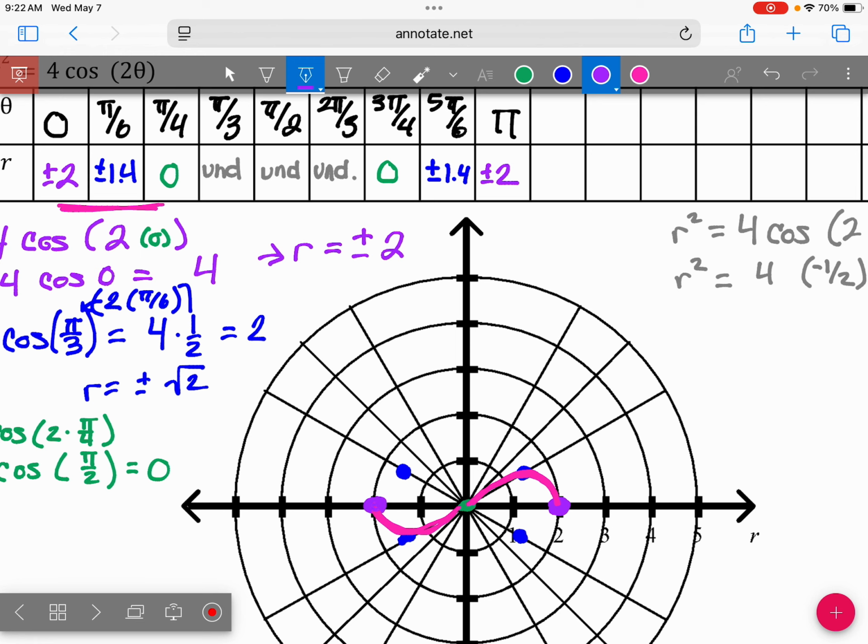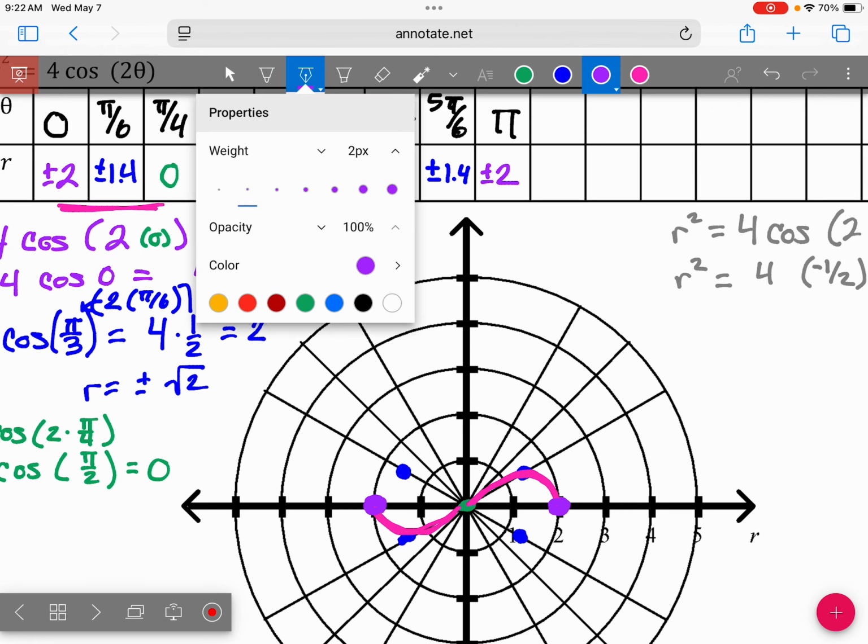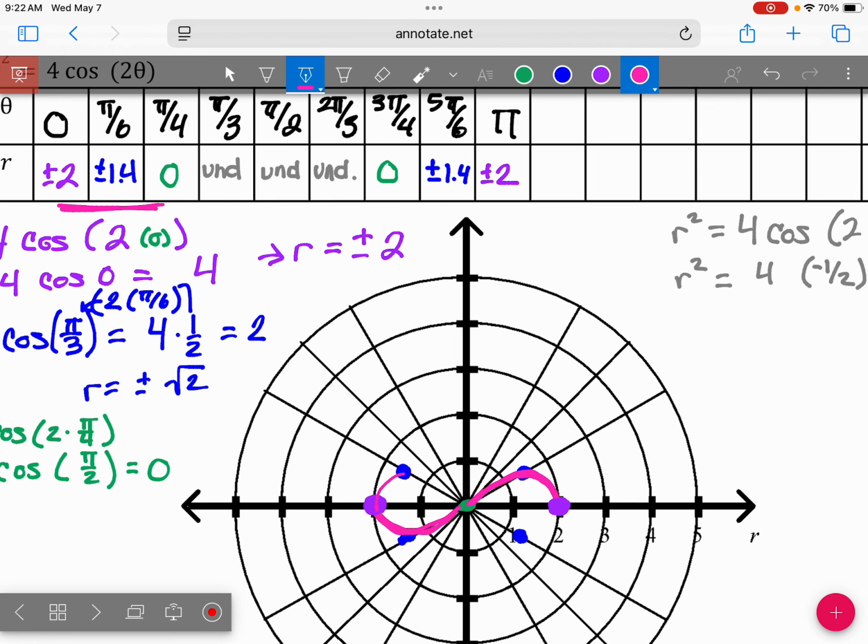And it's going to connect up to our pi that has points at positive 2 and negative 2. So this is going to connect up to the 0 and to the pi. So it looks like a little infinity symbol. That is what the lemniscates look like, because they have that r squared. We wind up with a lot fewer points, but it makes a little infinity.